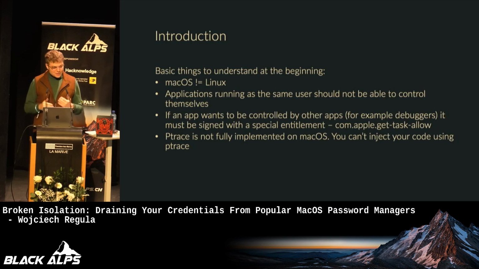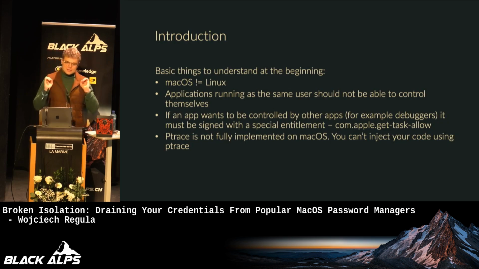Great. So now let's talk about the differences between macOS and Linux. Applications running with the same user ID should not be able to control each other. And this is a very important assumption. This is different than on Linux, right? If on Linux you have two processes running with the same user ID, in theory you should be able to control each other. And if your application wants to be controlled by other applications, for example debuggers, it must be signed with a special entitlement, which is com.apple.security.get-task-allow.